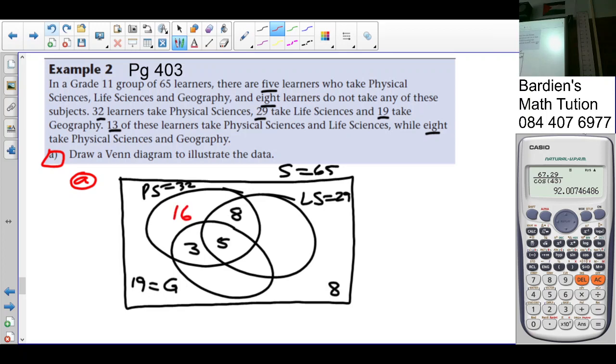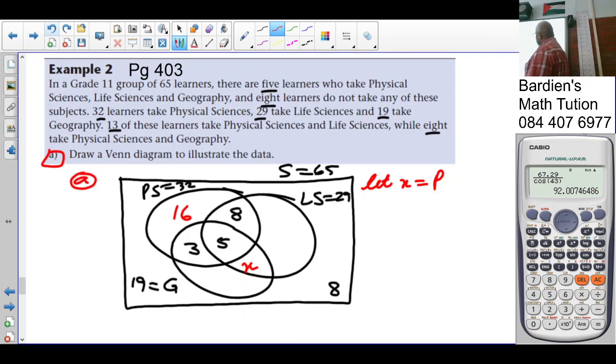Right. So now we're going to say let x equal the probability. Put the x here. Let the probability of life science and geography only equal x. Okay?